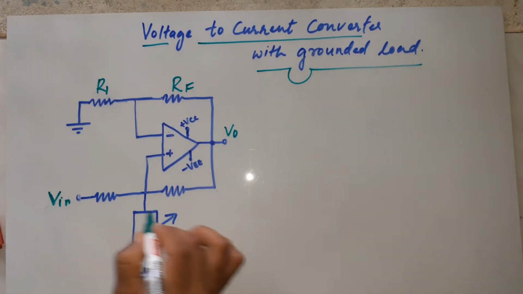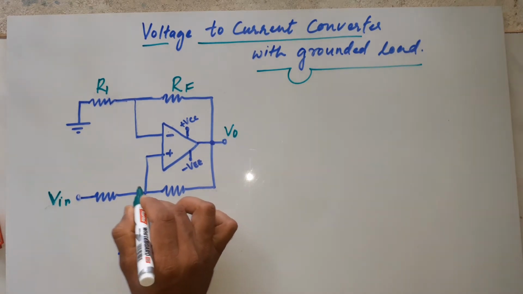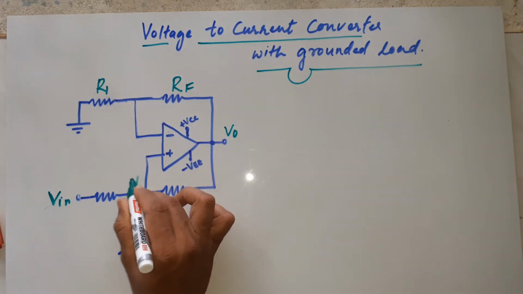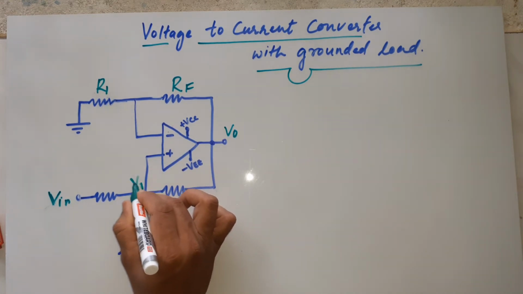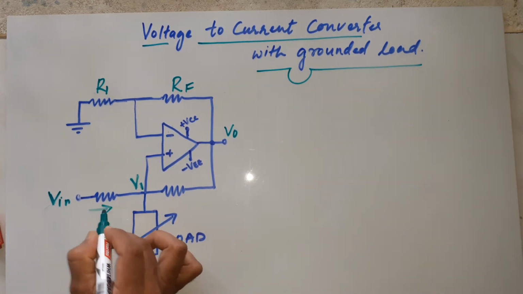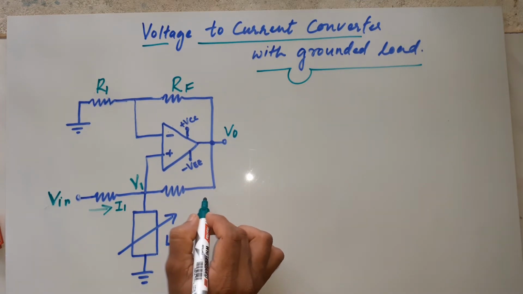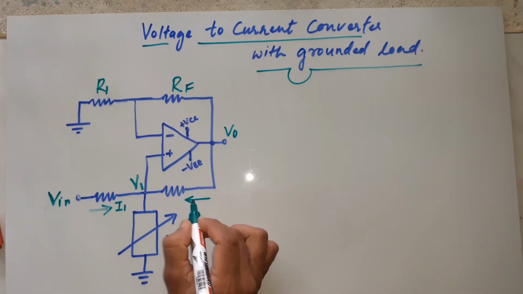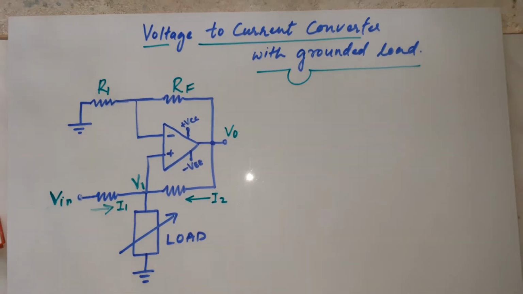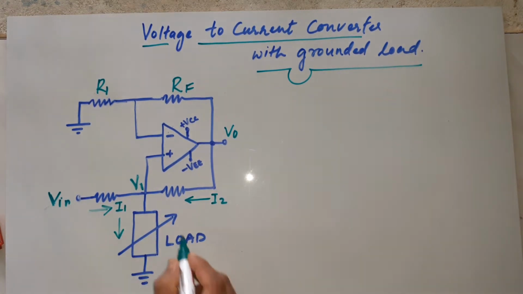Here, let me call this junction as V1. The current flowing towards V1 is I1, and the current flowing towards V1 through output, let me call this as I2. Alright. And the current flowing into the load, this is our load.